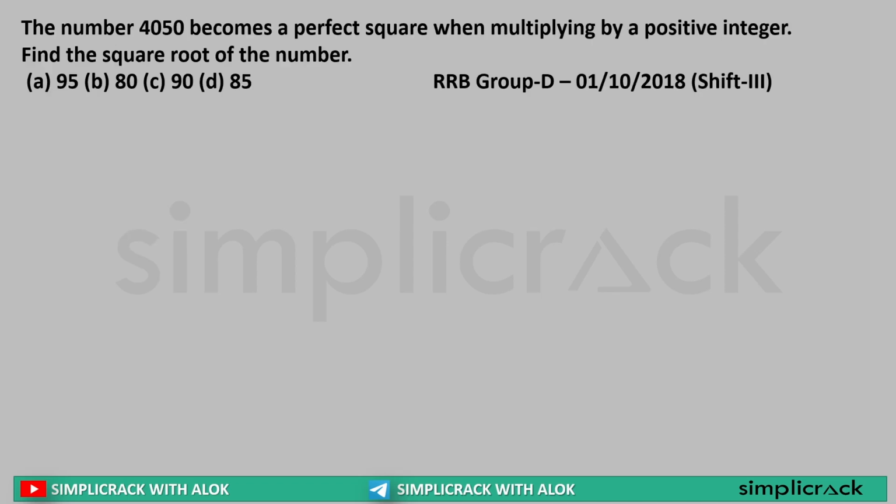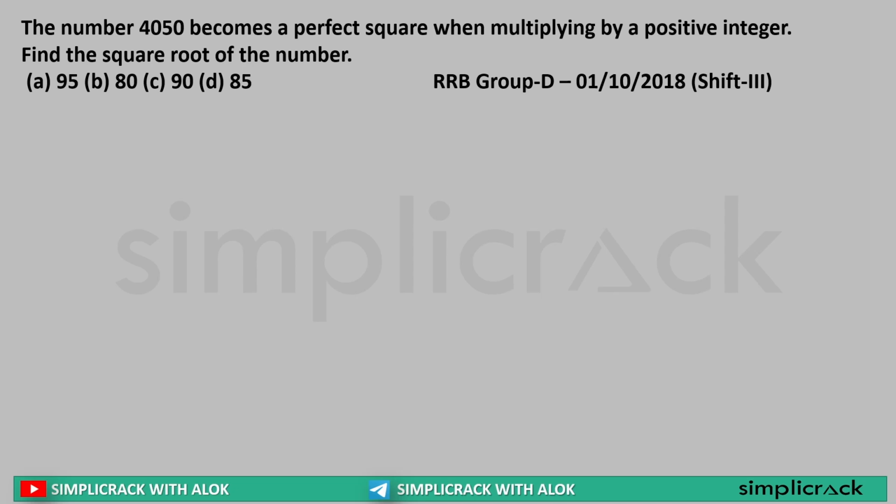Next. The number 4050 becomes a perfect square when multiplied by a positive integer. Find the square root of that number. Now understand this very, very carefully.